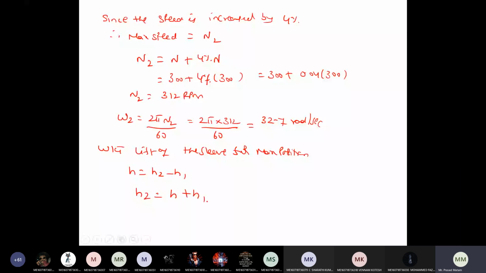Okay, let's solve this. So H2 plus H1 is equal to H. From this, H2 is equal to H minus H1.